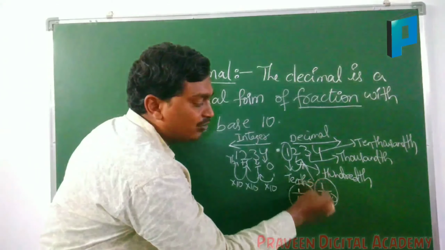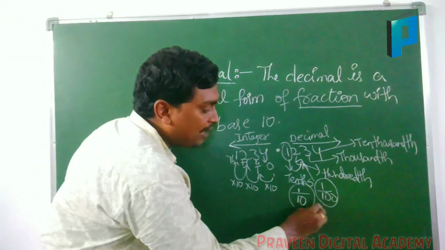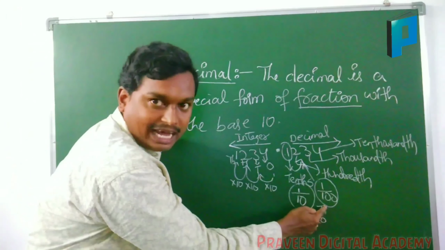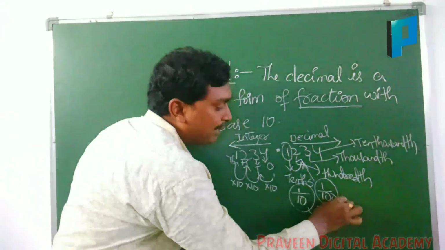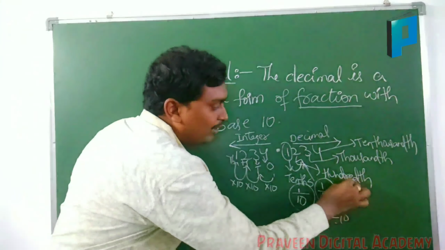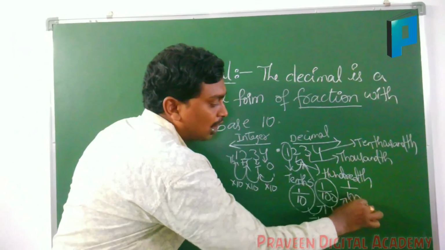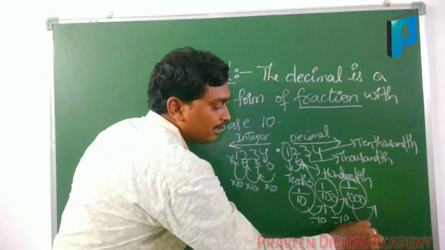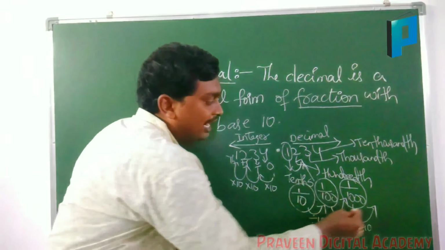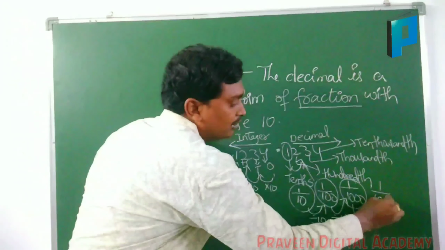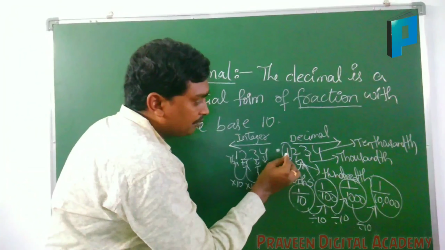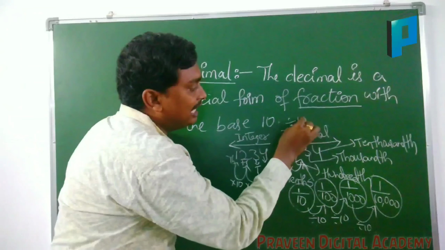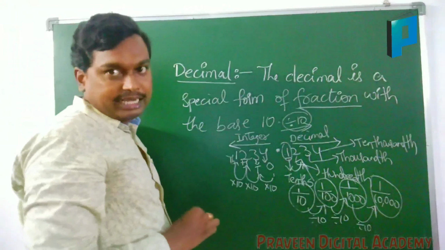If you divide this 1 by 100 again with 10, you will get 1 by 1000. If you divide this 1 by 1000 again with 10, we will get 1 by 10,000. Here, the right side part is always divided by 10.